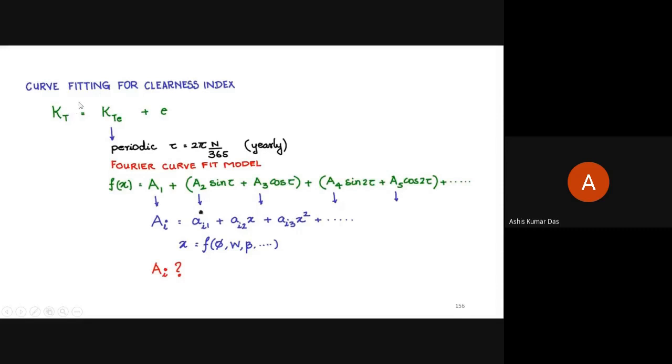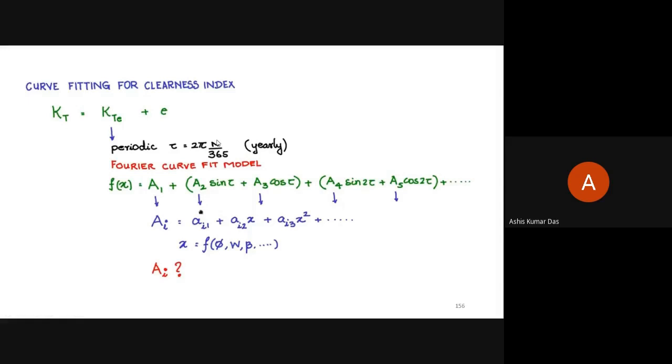One important characteristic of the clearness index is that it is periodic. It has a periodic interval of 365 days, and therefore we can use the Fourier series fit with this tau. Tau is an angle given in radians, and tau is given by 2 pi n by 365, where n varies from day number 1 to 365.